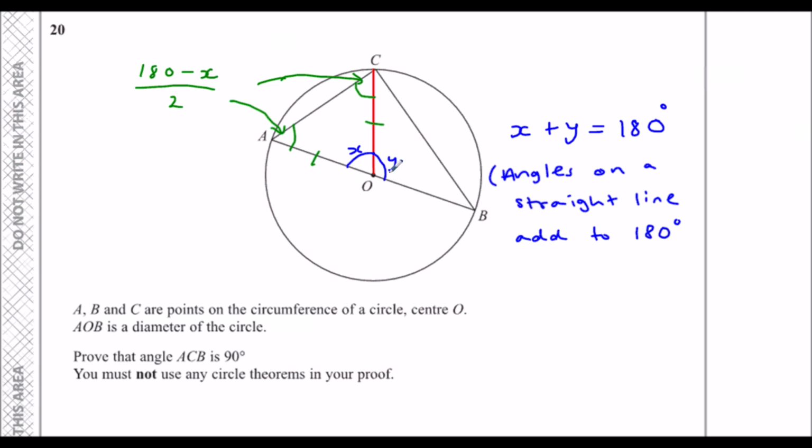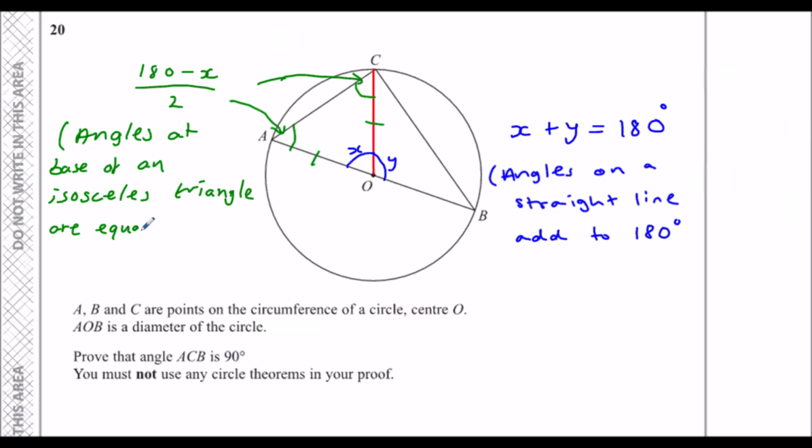And we can do the same for the y's. So I'll just put the reason here as well. Angles at the base of an isosceles triangle are equal. And we can do the same for the y.